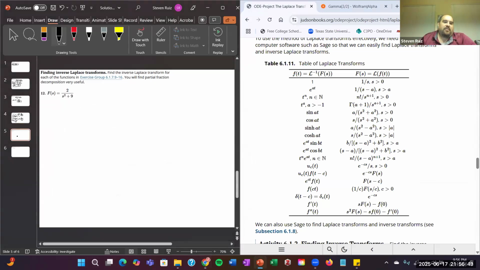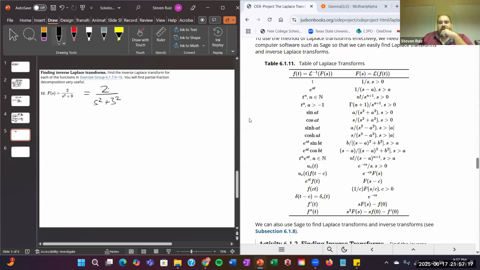All right, so f of s equals 2 over s squared plus 9. Something you'll see a lot of here is denominators of the form variable squared plus a constant squared. So if we set this up as 2 over s squared plus 3 squared, that's probably going to be productive for us.